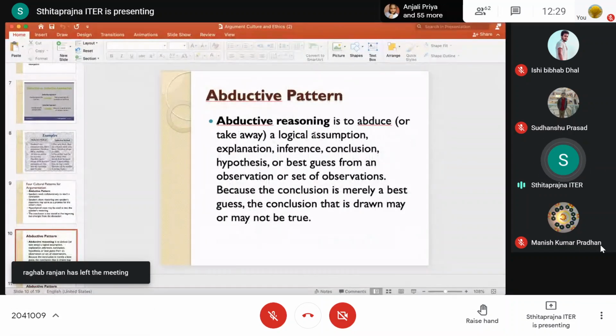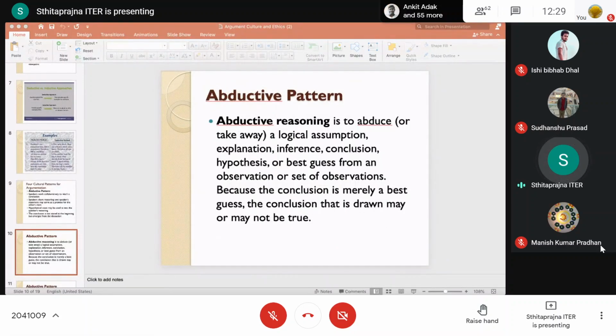Now, abductive reasoning is the best guess. What happens in the abductive pattern is you observe certain things, and from the observation, you try to make the best guess. So abductive reasoning is to abduce a logical assumption, a hypothesis, or the best guess.